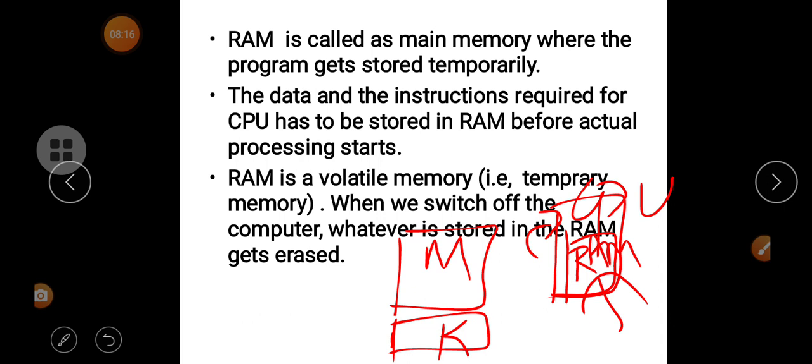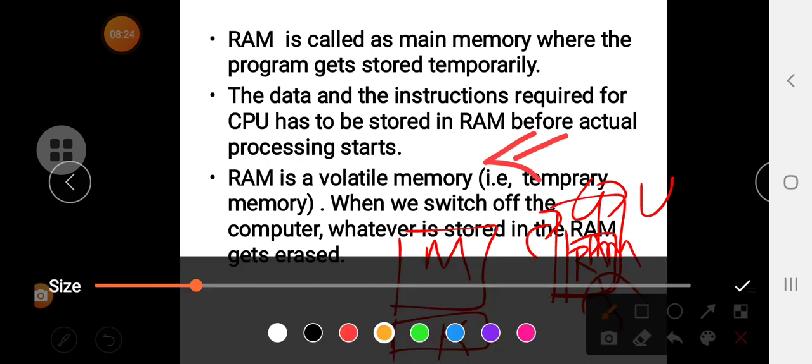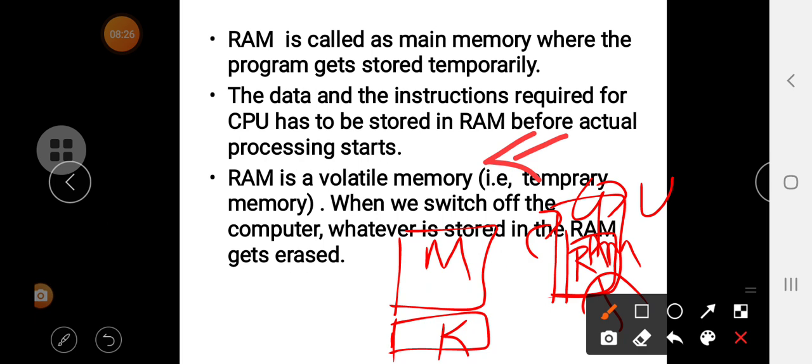Next, RAM is volatile memory, that is, it is temporary memory. When the switch off is done, whatever is stored in the computer will get erased. That is why it is called volatile memory, meaning temporary memory.